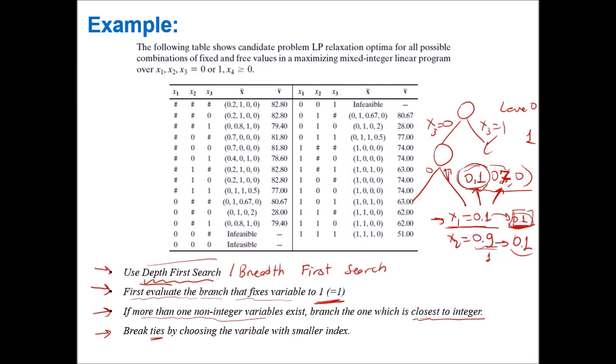So they are both equal. Which one should I select? It says that break ties by choosing the variable with smaller index. So if there are such equalities, which one should I select? I will select x1 because its index 1 is smaller than 2, okay, according to this rule.